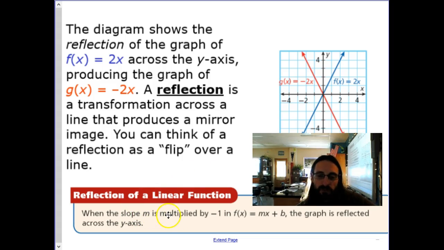So when the slope is multiplied by -1 in this function, the graph is reflected across the y-axis. So when we just take the slope and we flip it across the y-axis, if you go from 2x here and you make it -2x, all these points flip over the axis right there.